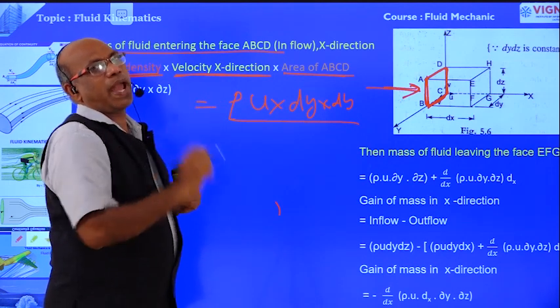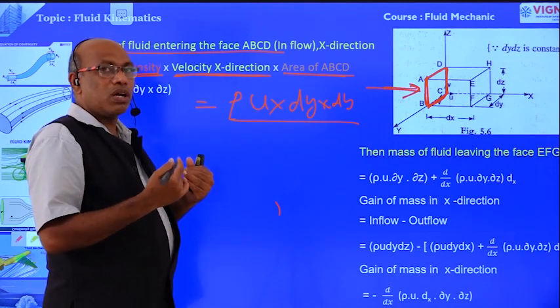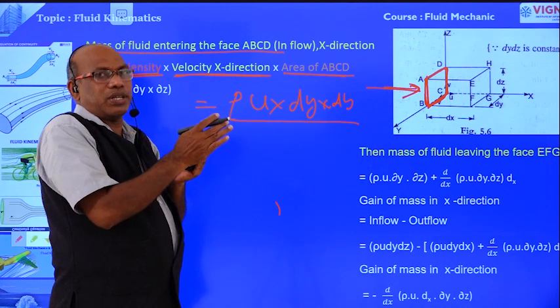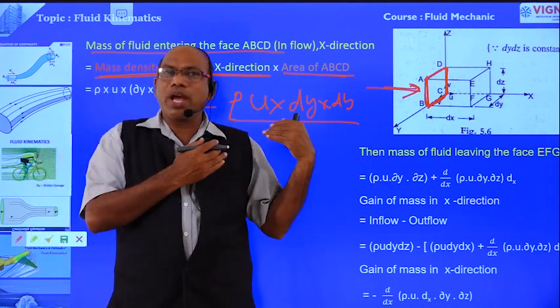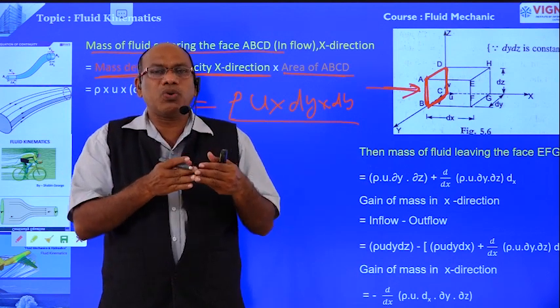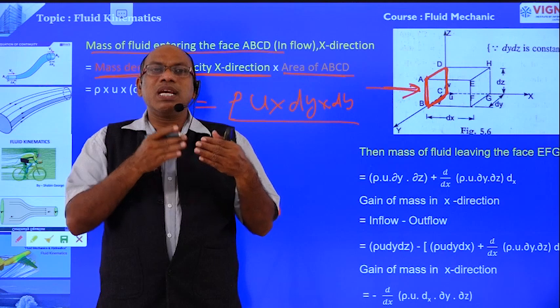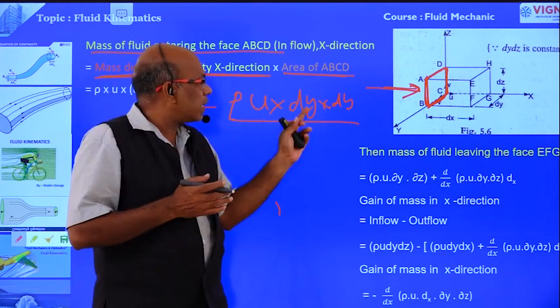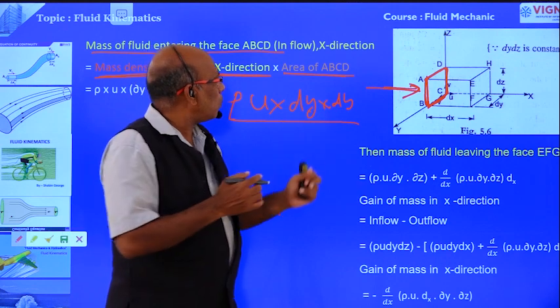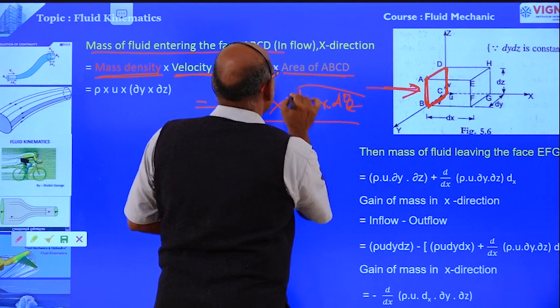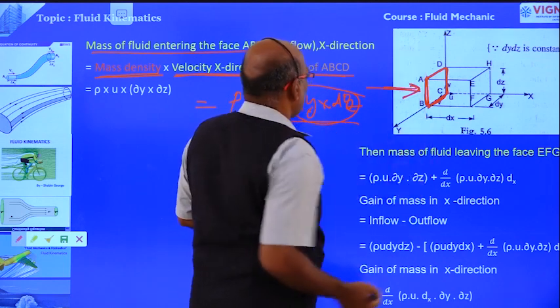Next one, mass of fluid leaving in the x direction. Here we have already determined that the mass of fluid entering in the x direction is equal to rho, the mass density, u, the velocity of flow, dy into dz, the area of the surface.